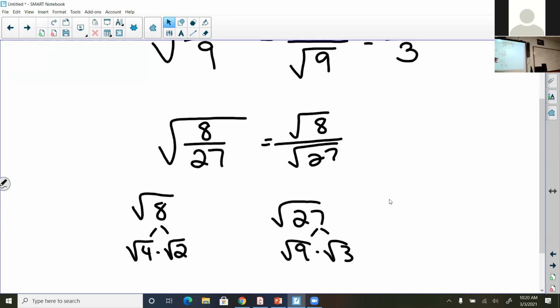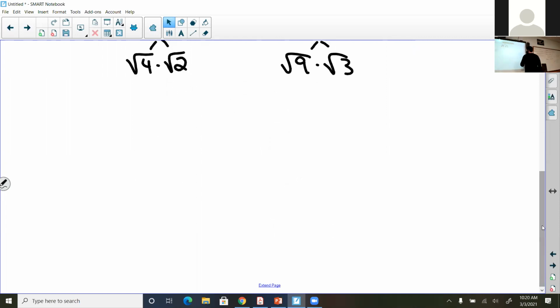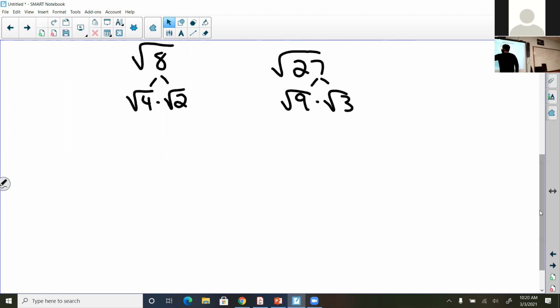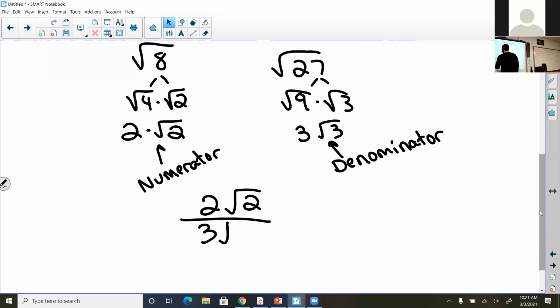So I'm going to simplify these separately and then put them back into my fraction. And so if I were just simplifying my numerator and my denominator, this is the answer that I would get.